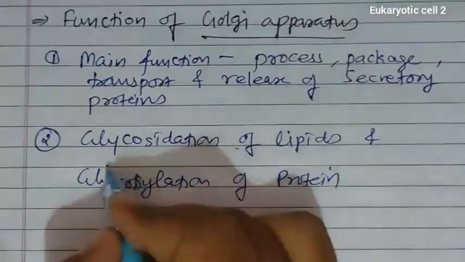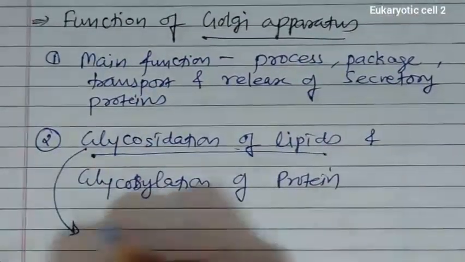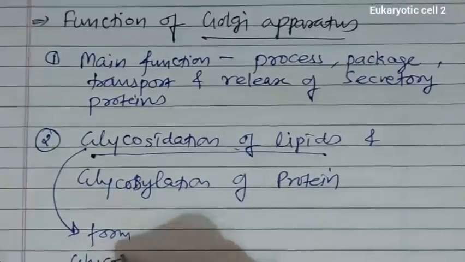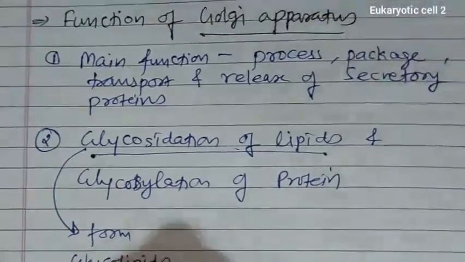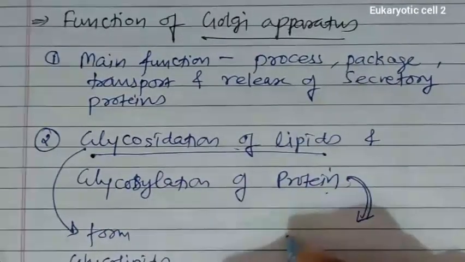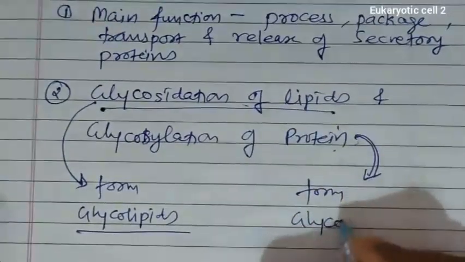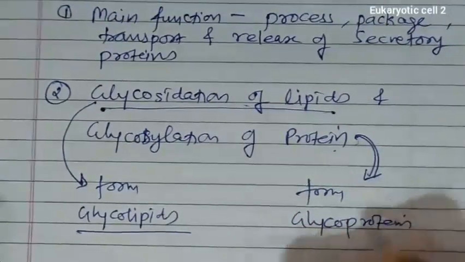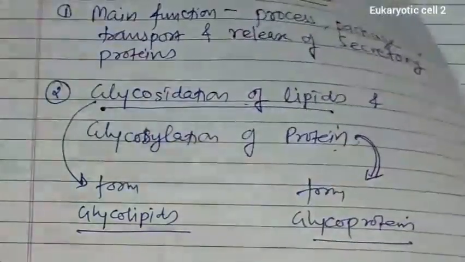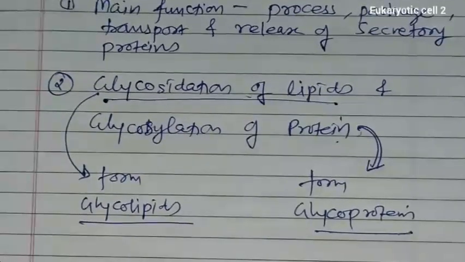Now glycosidation of lipid means association of carbohydrate with the lipid, so it forms glycolipids. But when glycosylation of protein occurs, here carbohydrate associates with protein and it forms glycoprotein. So glycolipids are formed by glycosidation, and glycosylation of protein forms a glycoprotein.